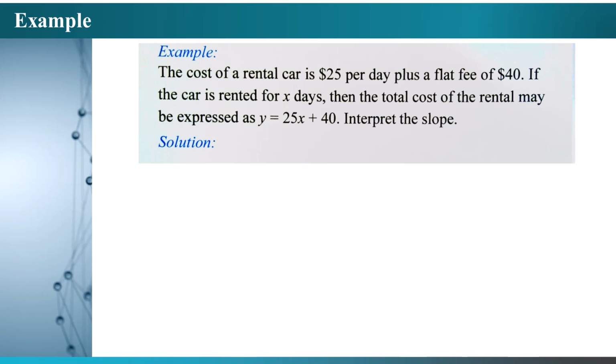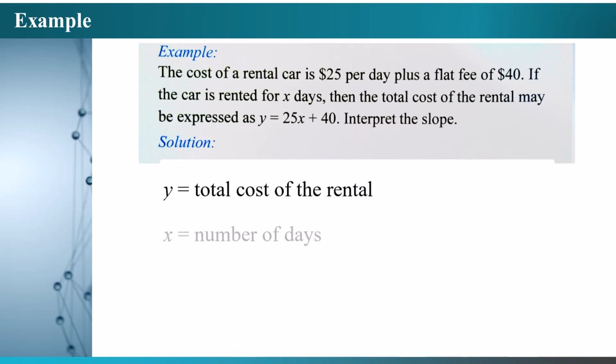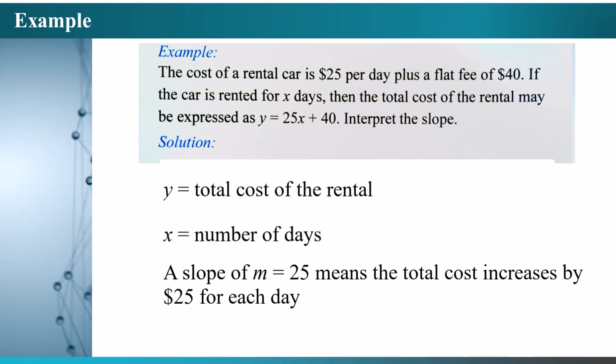Now, what does 25 mean in this case? Let's think about what y means. y is the total cost, and x here represents days. And so m equals 25 just means that the total cost is increasing by $25 every time the day increases by 1. In other words, the cost is $25 per day. Now in this case, that was given to us as part of the problem. But even if it wasn't, and all we had here was the equation, we could have come up with that information.